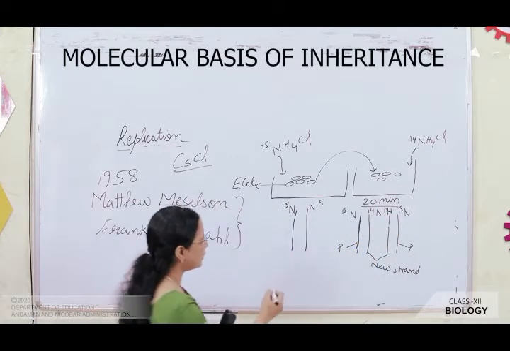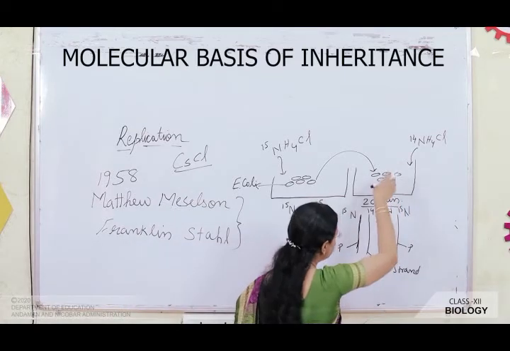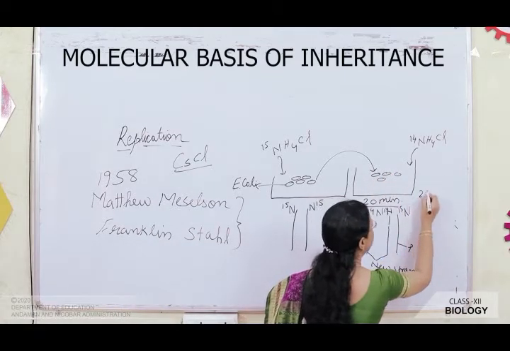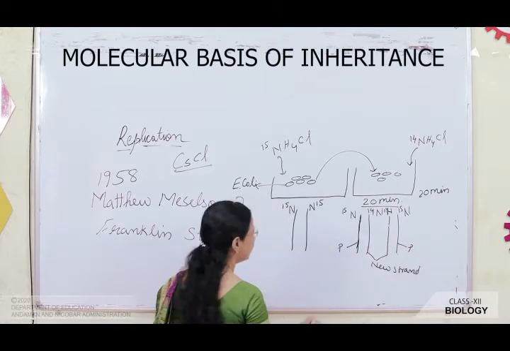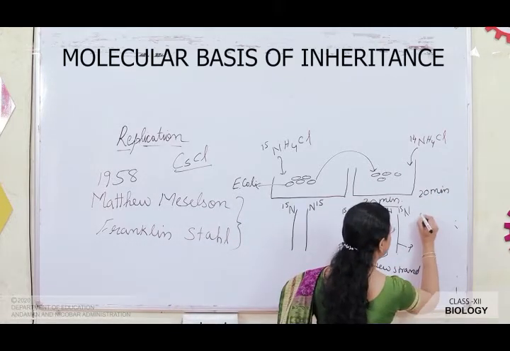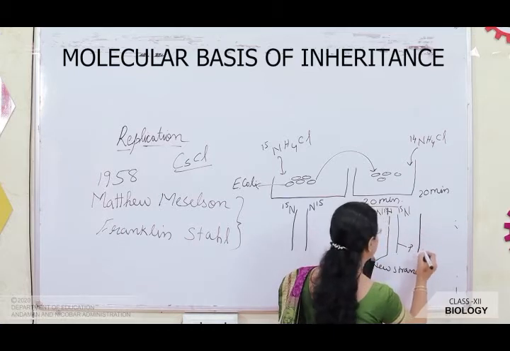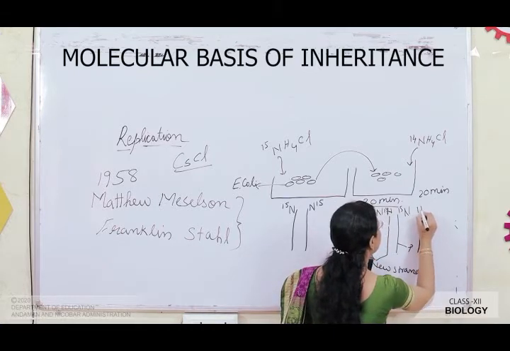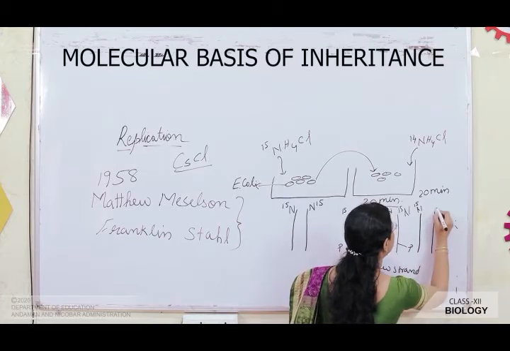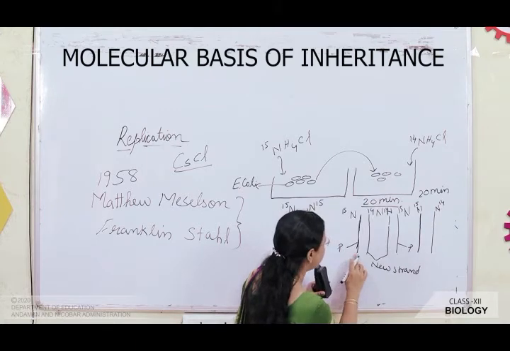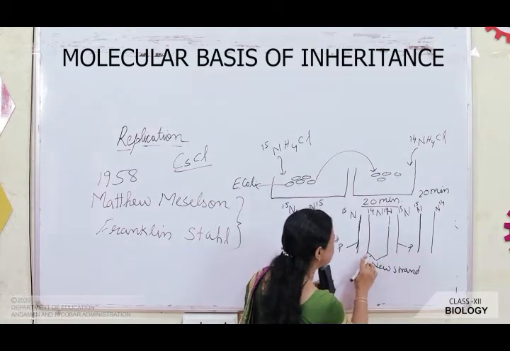Again it is allowed to multiply in the same nutrient medium for 20 minutes. So what will be the result? It is seen that this is the parental strand N15, and N14 is formed over here. The parental strand is separated, this is the parental strand N15 and this is N14.